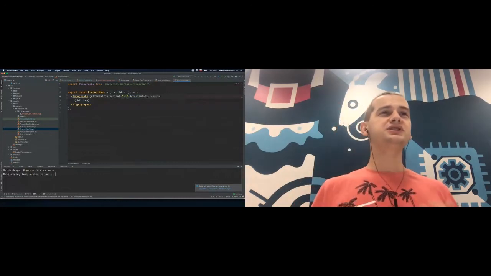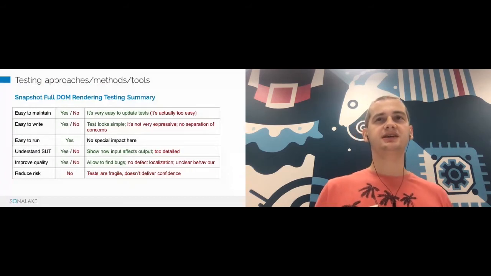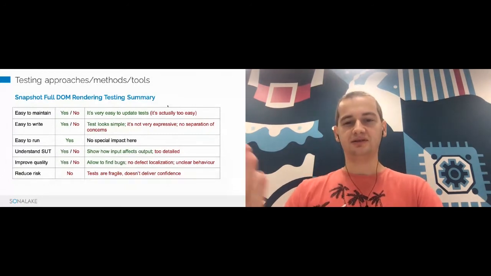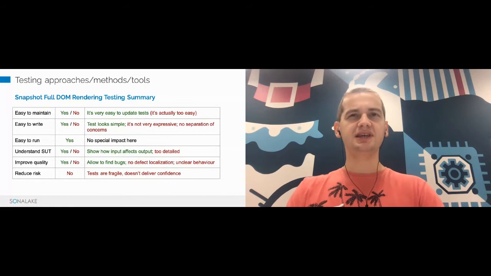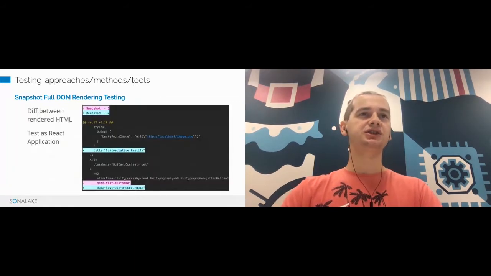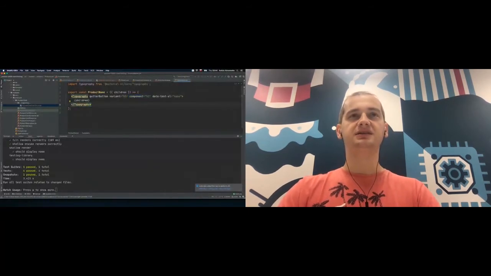Well, if we're using snapshot full DOM rendering, it's easy to maintain because, as you've seen, the creation of this snapshot is quite simple, and then I can update. Actually, I haven't shown you how to update this, so let's try to change that header 3.